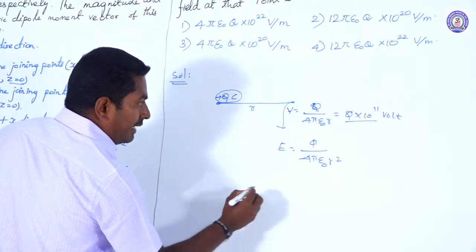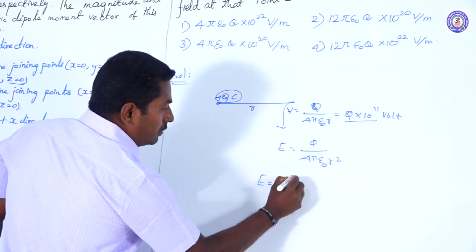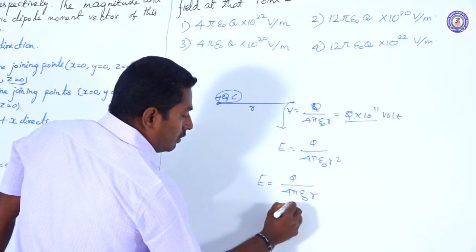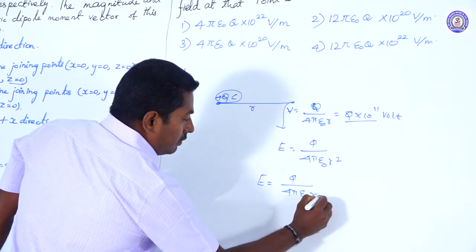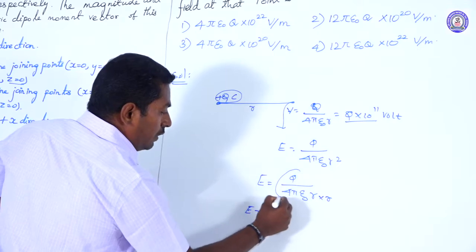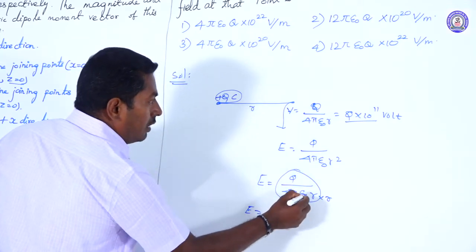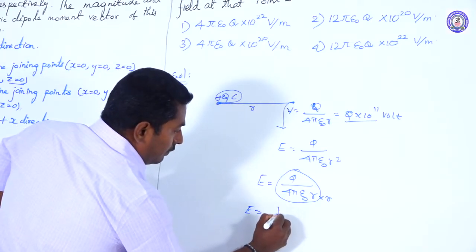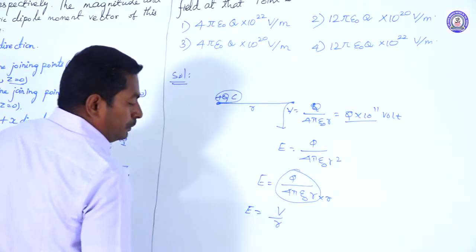We can rewrite this expression as E equal to Q divided by 4 pi epsilon naught R, into 1 over R. Q divided by 4 pi epsilon naught R is the electric potential at a point due to the charge, V, so E is V divided by R.